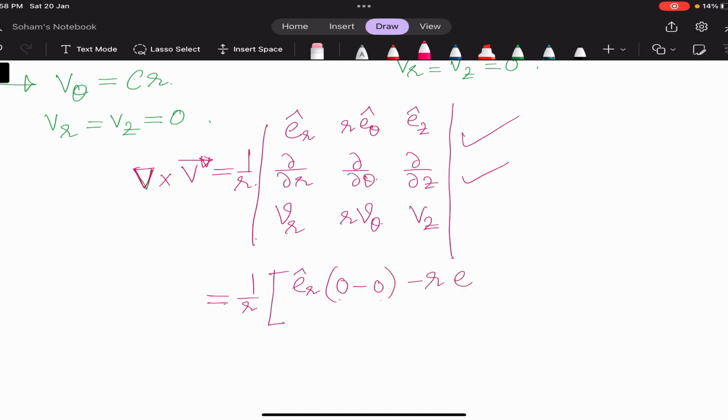Minus r e_theta into del v_z del r, that is 0, and minus del v_r del z, that is also 0.